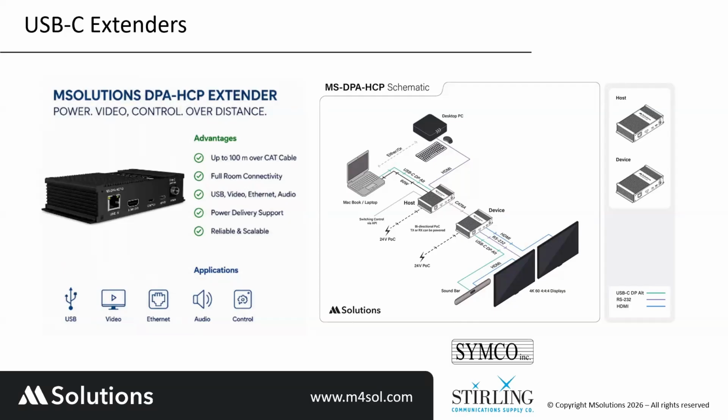What you can see here in the diagram is a simple connection of a laptop to two displays, including a soundbar, including control. This is the MS-DPA HCP. We have an output of HDMI to one of the displays. We have an output of USB-C DP alt mode to the second display or to the soundbar.